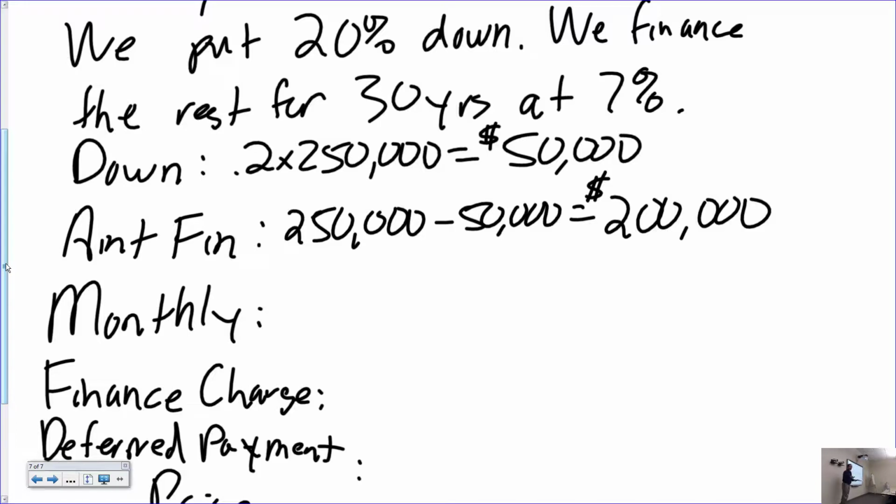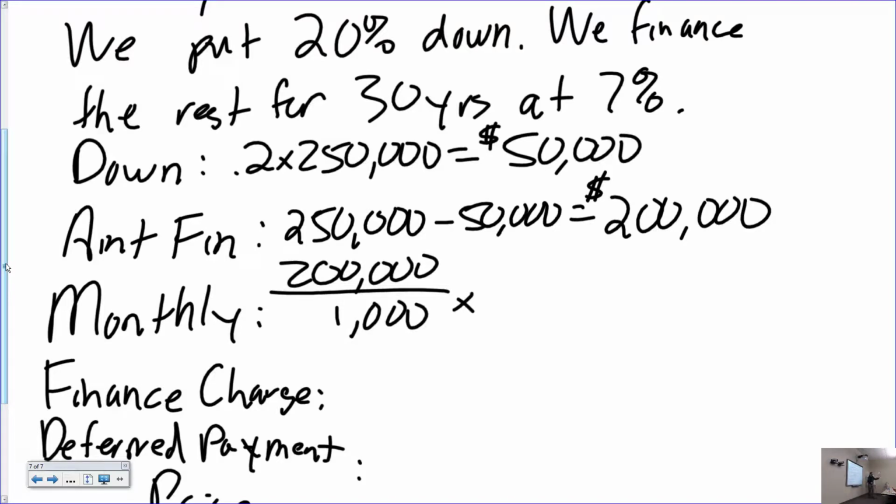And the process is exactly the same. Take the amount you financed, $200,000. Remember, divide it by 1,000, and then go to your table and find your number, right? So 7%, 30 years. 6.66.